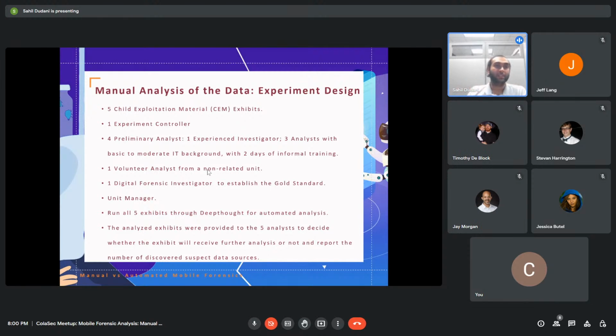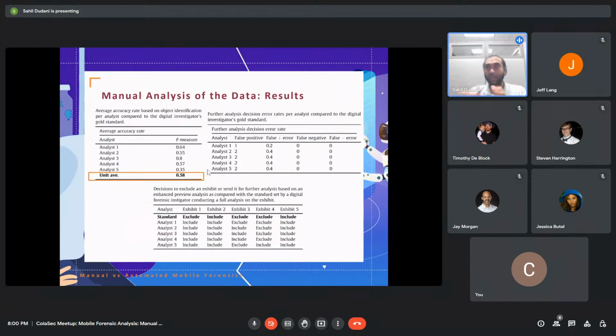They had to choose whether they would take certain artifacts into consideration or exclude them from consideration. That's how they had to give their decision of include and exclude, and based on that, the results are right here. So if you look at the unit average in terms of excluding or including a certain artifact, in our case we have a three prong decision making where we do high, medium, and low confidence.